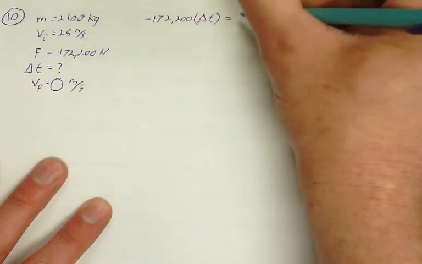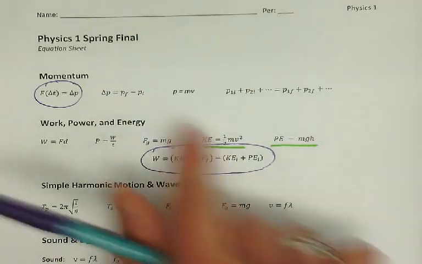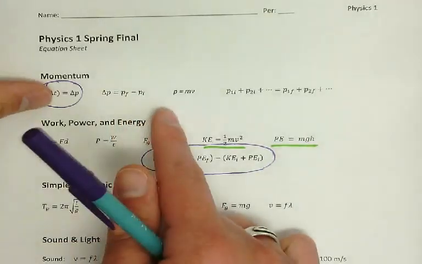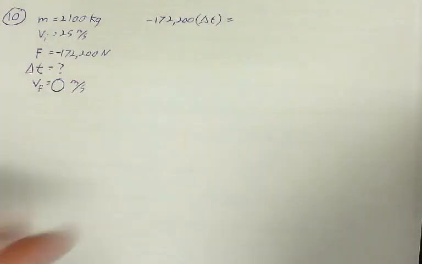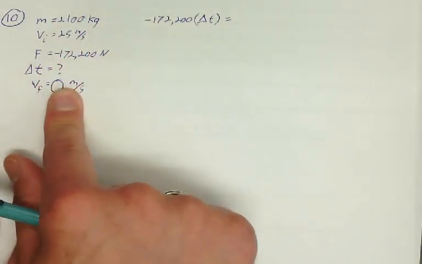equals delta p. Now, I'm kind of in trouble on delta p because it doesn't tell me anything about that. So I'm going back to my equations and I'm saying, oh yeah, delta p is p final minus p initial, the change in momentum. And I go back to my knowns and unknowns and I don't know any p's.